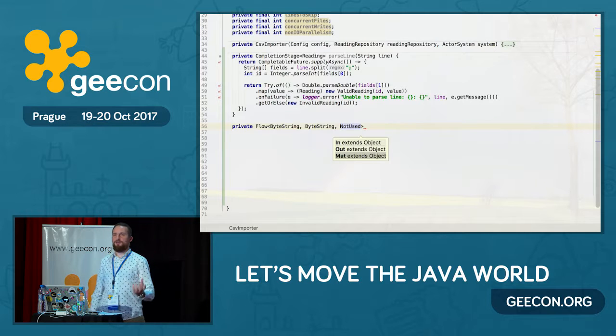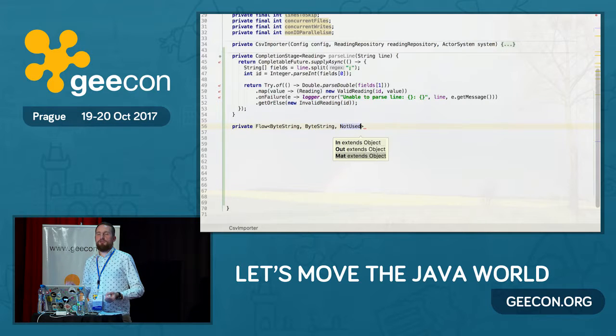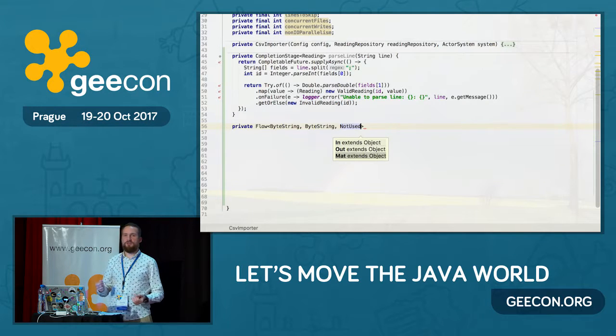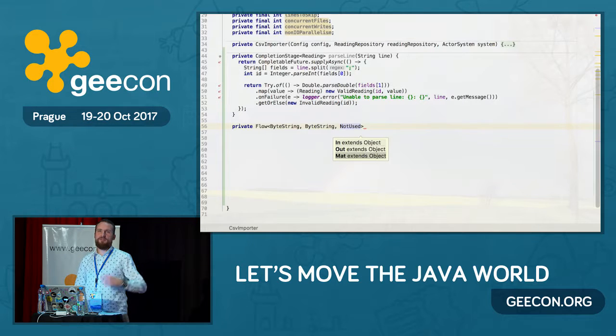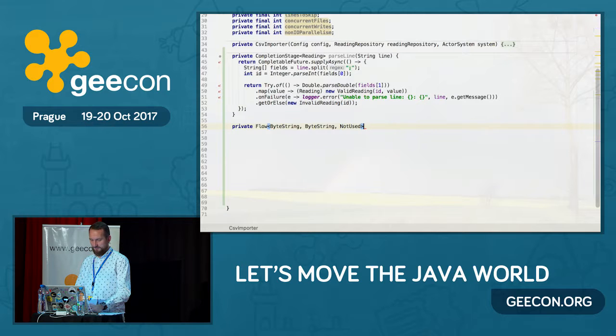You may wonder why not just use void. Well, the reason is that Akka is both a Java and Scala library. In Java, to represent something that we are not using, we have the void type. In Scala, we have the Unit type. NotUsed ties those two types together. So this is a common abstraction for Scala's Unit and Java's void. And moreover, it tells you what the intention is, so that you are not using something.